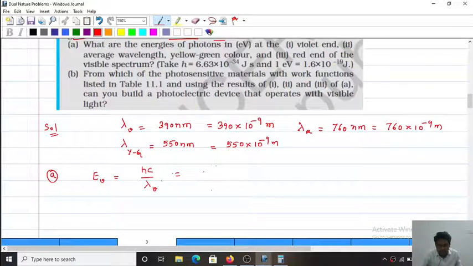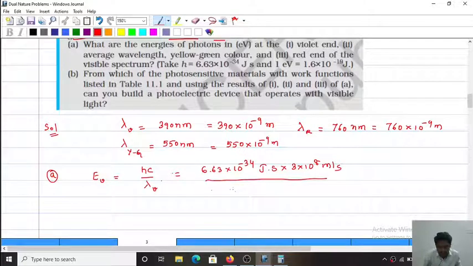Therefore, the Planck's constant value is 6.63 into 10 power of minus 34 joule second, into the speed of light, 3 into 10 power of 8 meters per second, and whole divided by the wavelength of violet light, 390 into 10 power of minus 9 meters.